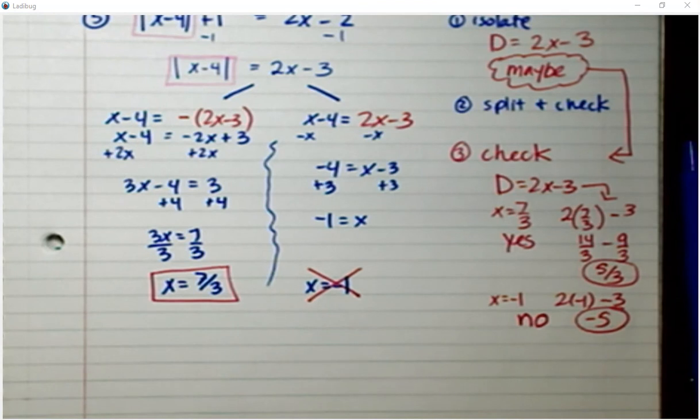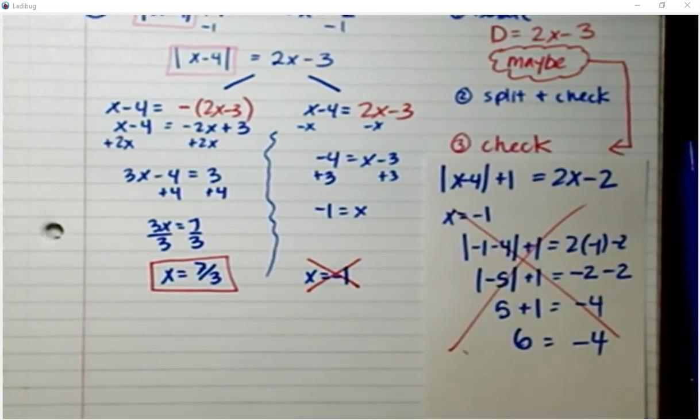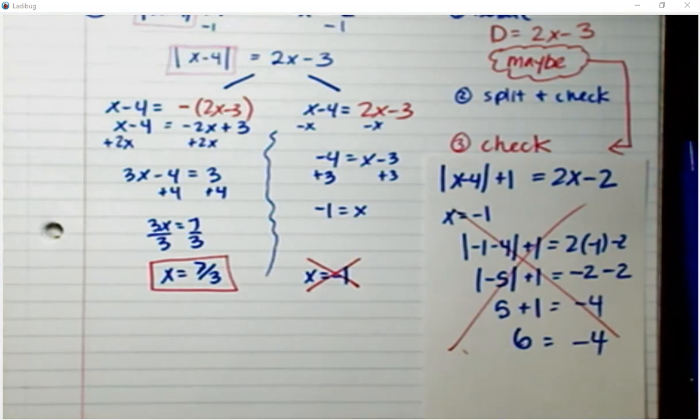If you plugged it back into the original problem and it came out to being -4 is equal to -4, that would work, right? Yeah, then it's yes. No, you will get the exact same yeses and nos no matter where you check it, as long as you actually check it correctly without making arithmetic mistakes.